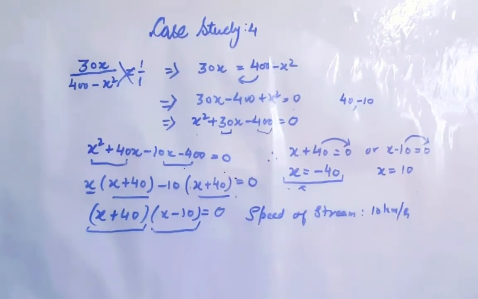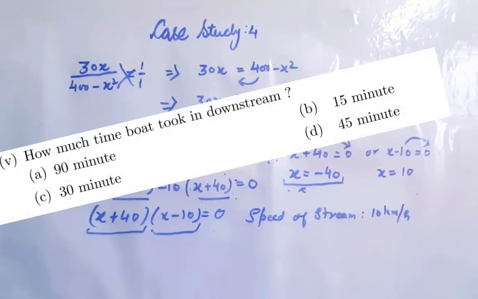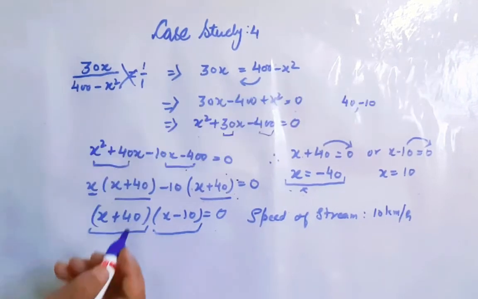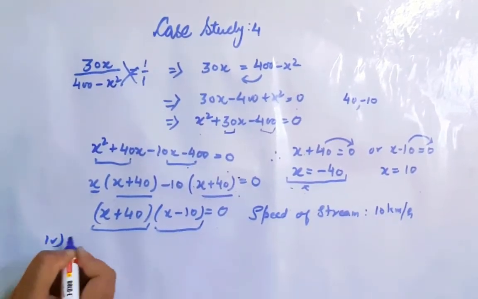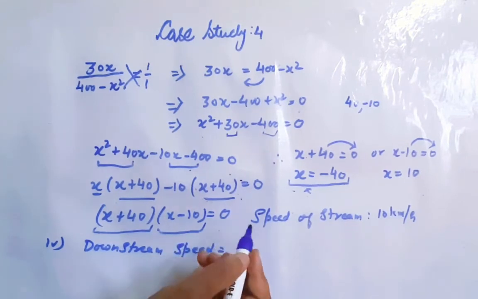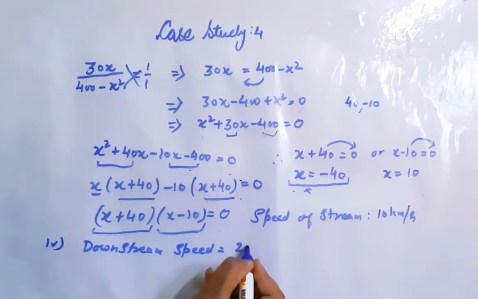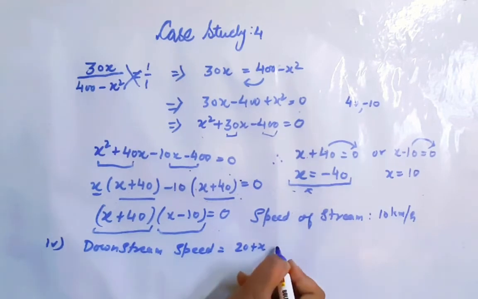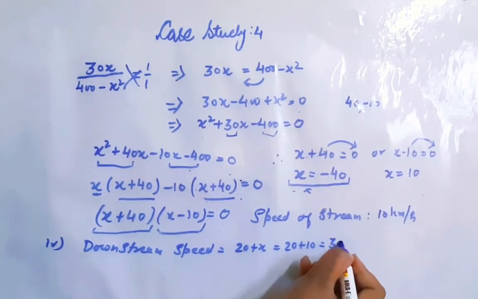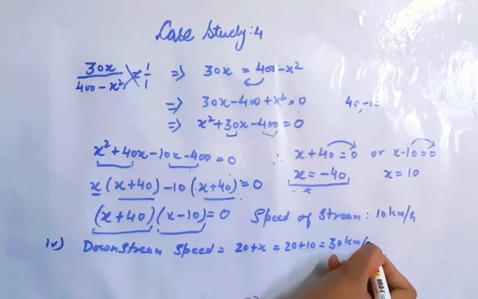And the last question is, how much time did the boat take downstream? We know that the downstream speed was 20 plus x, which equals 20 plus 10, which is 30 km per hour.